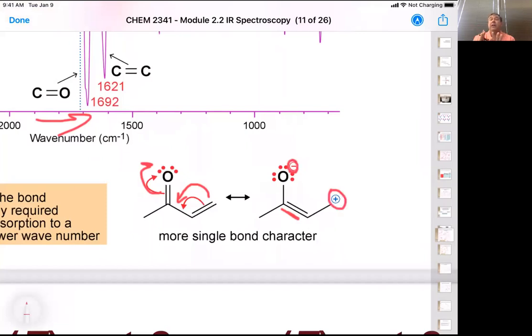So it's a perfectly valid Lewis dot structure state. But then, of course, it would want to come back in and go back out. The point is that we have two possible resonance structures that are both valid. And we know that this happens because of the shift in the carbonyl in the IR. Questions on that?